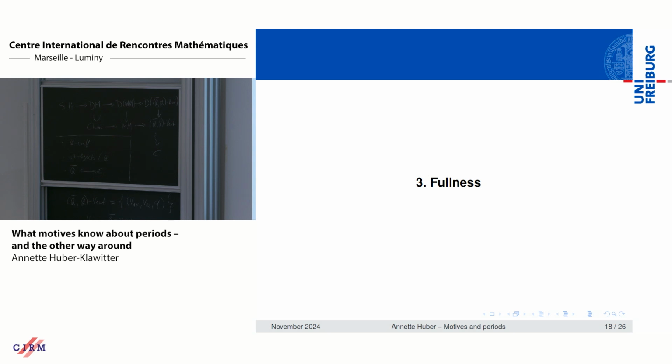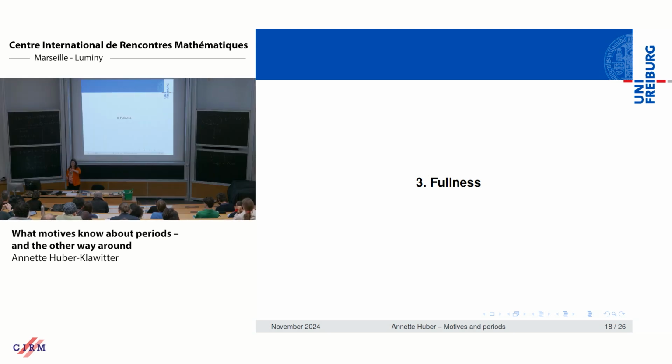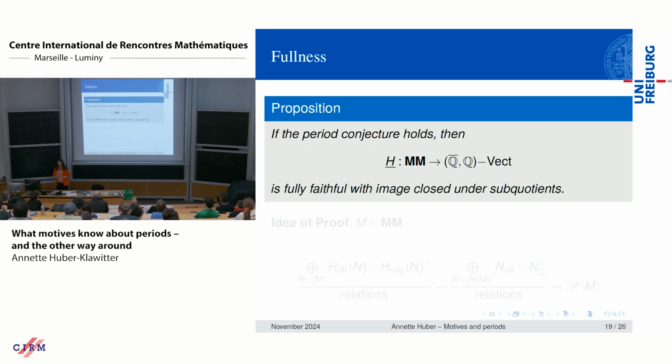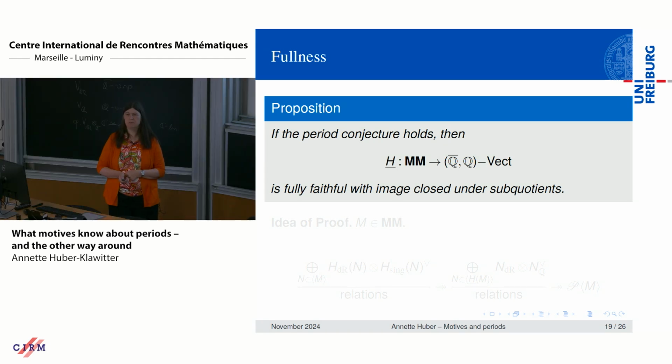We were using this functor in order to formulate the period conjecture, but now I want to understand this functor better. Okay, here's the statement. If the period conjecture holds, then this functor is fully faithful with image closed under subquotients.